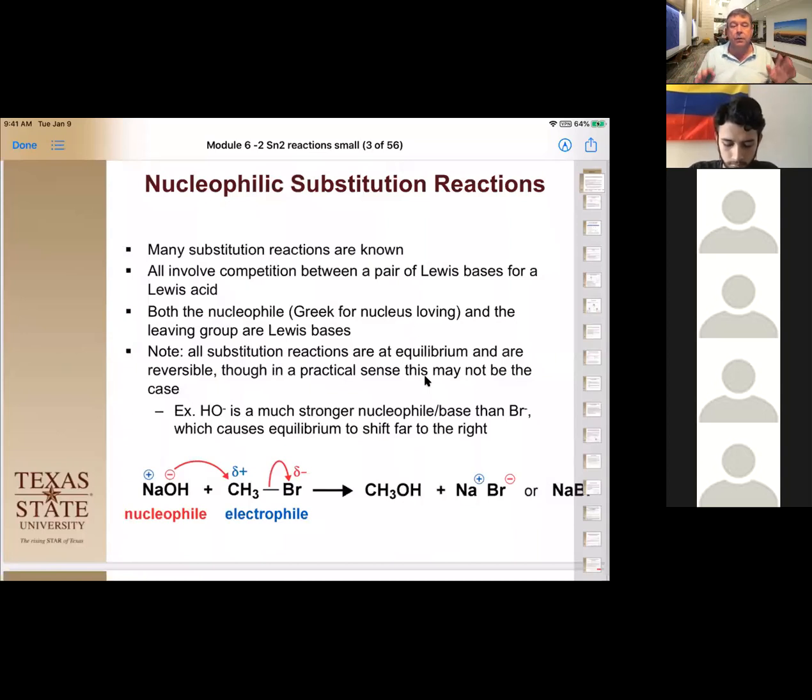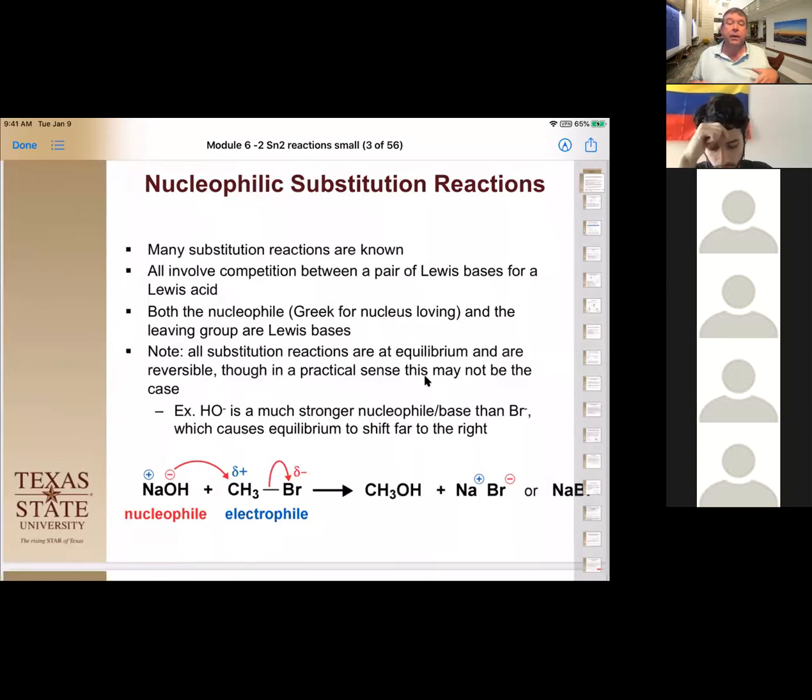All substitution reactions are at equilibrium. In theory, all of them can be reversed, but most of the time, because one of the nucleophiles is stronger than the other, the reaction shifts so far in one direction that we won't see the back reaction.